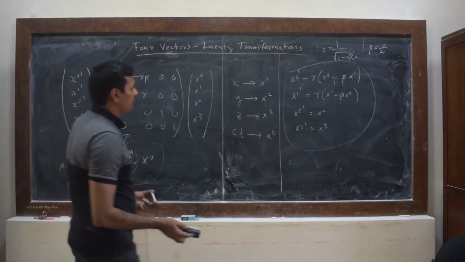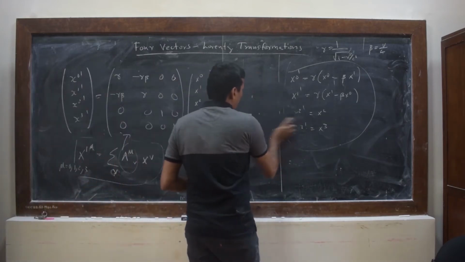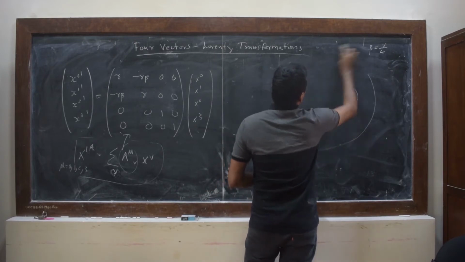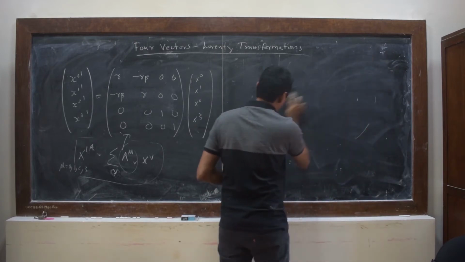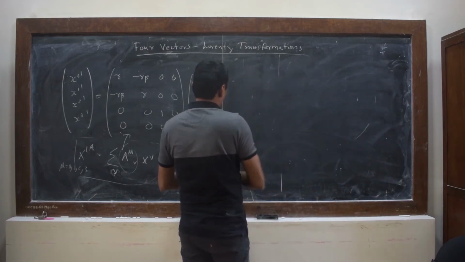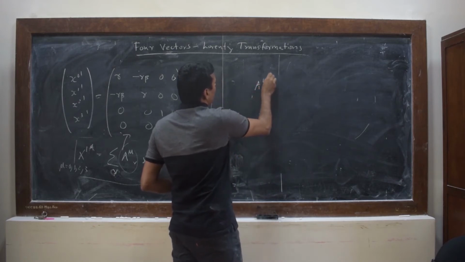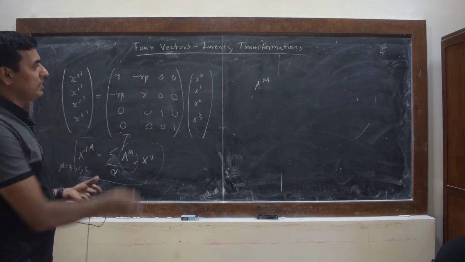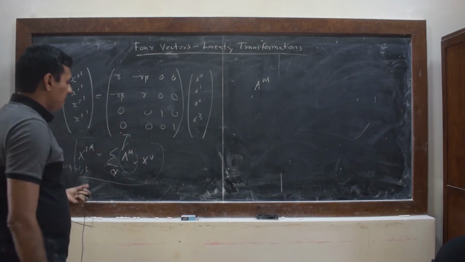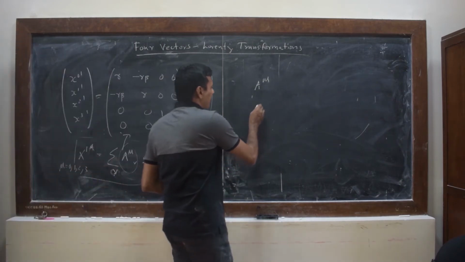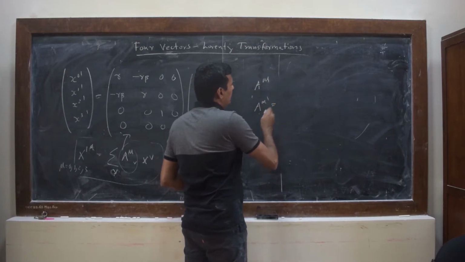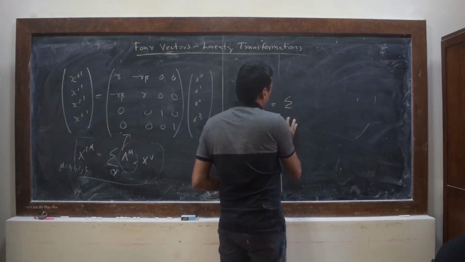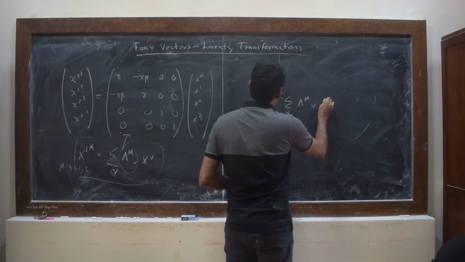Now suppose I have a set of quantities A mu. If these are the components of a 4 vector, then A mu prime is equal to the summation over nu of lambda mu nu A nu.